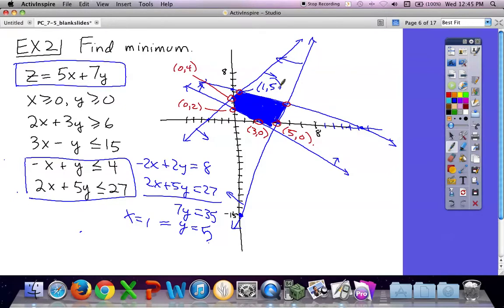Okay, now we got to solve for this point. That looks like it's the intersection of this last line and this line, the one that had the 15 in it. So it's actually those 2. So we want to solve 3x minus y equals 15, 2x plus 5y equals 27.